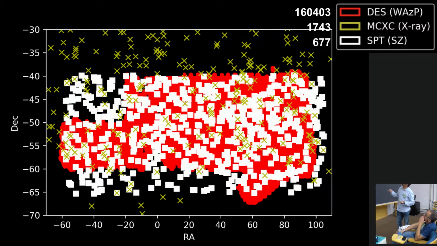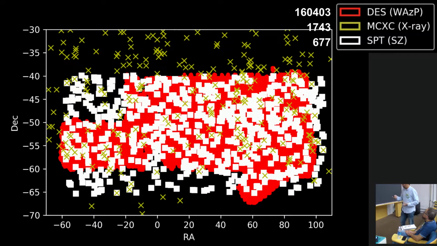For the X-ray, these yellowish crosses here. And for WaZP, which is an optical cluster finding algorithm that I will talk about in a minute, in red, which, well, in this plot you can't tell the points apart because it's so dense.